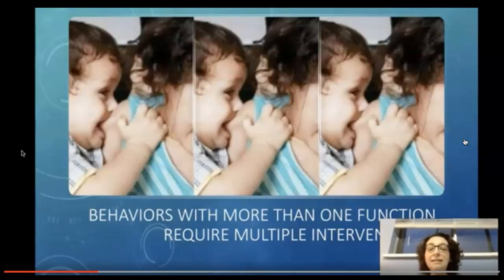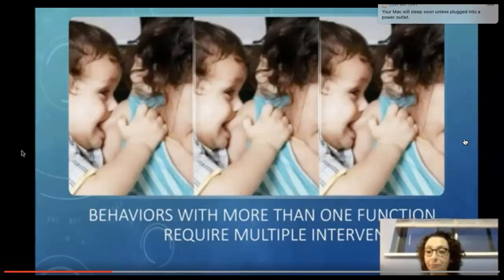And then let's say in the last picture he bites her so that he can get out of doing work. Every time she asks him to do something like put away his toys, or maybe he wants to play with the toy and doesn't want her to bother him, he'll bite her so that she'll go away.